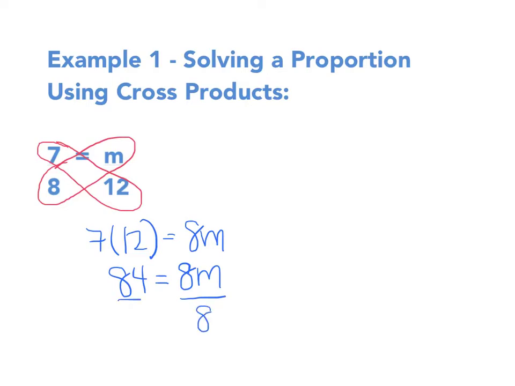To get m by itself, I will divide by 8, and we're left with m equals 10.5. So to make these two ratios equivalent, and a proportion means that, m here has to be 10.5 in order for this to be a true proportion.